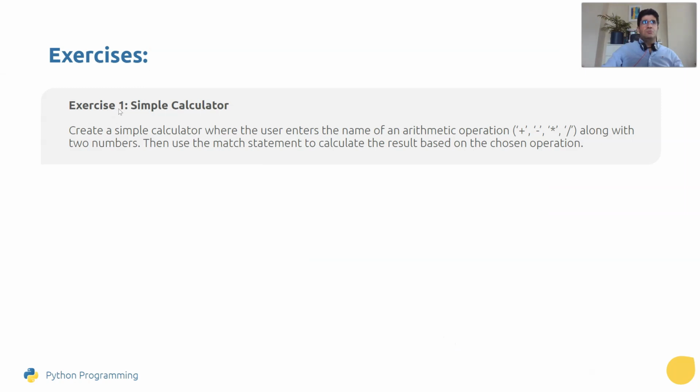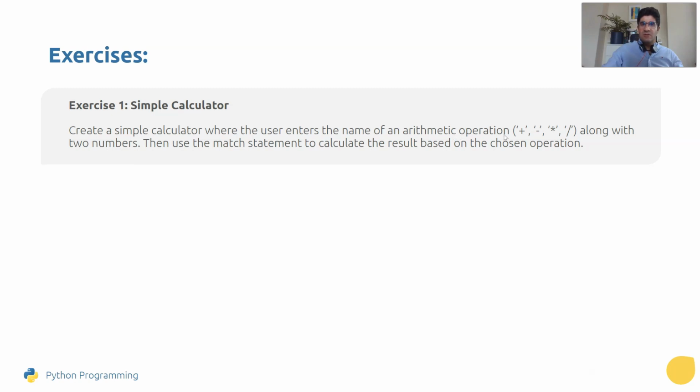Exercises. You have two exercises to work on the match case statement, and you can use them. The first one is a simple calculator. You need to create a simple calculator where the user enters the name of an arithmetic operation such as plus, minus, multiplication or division, along with two numbers. So we need to read three values.